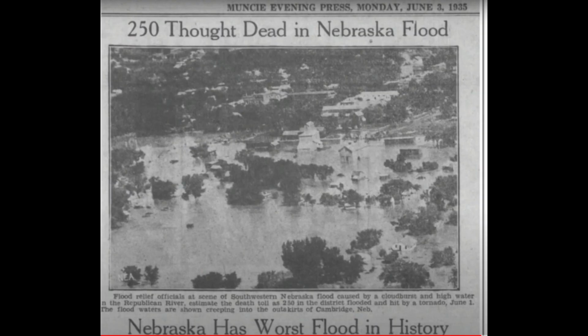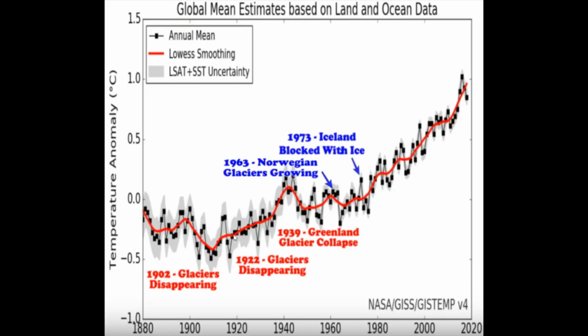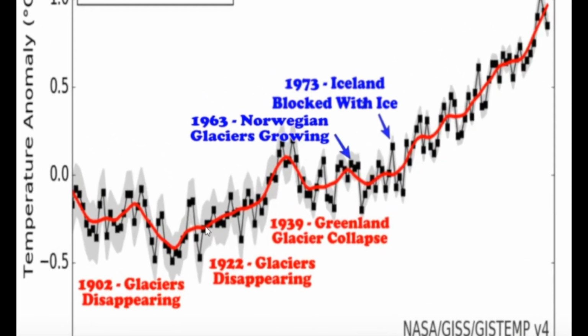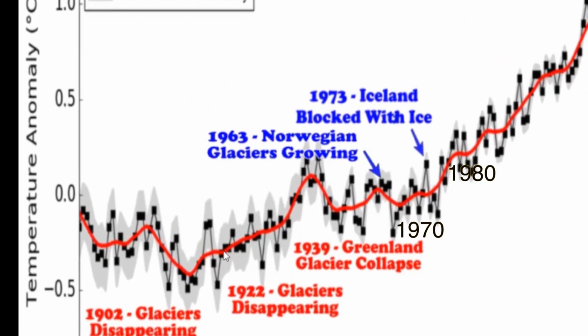And whilst looking at floods, in the USA, Nebraska suffered its worst flood in history, in the year 1935, with CO2 levels around about the 300 mark. This is the graph after they changed the data to make it almost continual warming. And of course, this graph doesn't even allow for the 1970s Ice Age coming scare, when it cooled for the 70s.